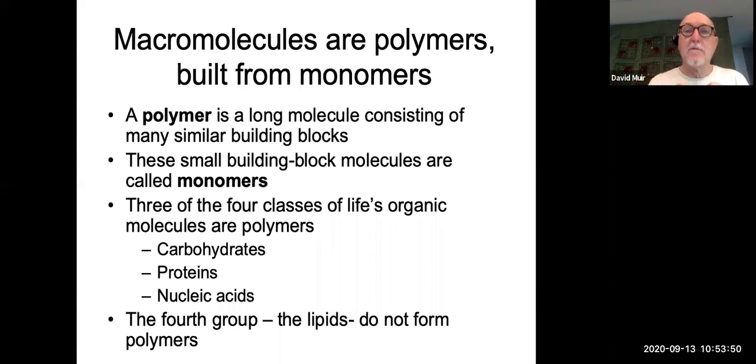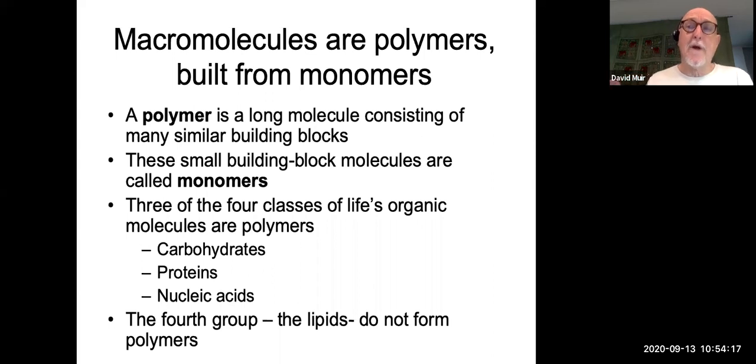The polymer will be the long finished molecule. The small building blocks we call monomers. And the 3 classes where we commonly see polymers, and often very large polymers, are the carbohydrates, proteins, and the nucleic acids, as I've already told you. Those are polymers, and very often extremely large polymers.